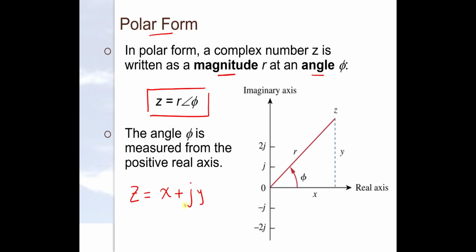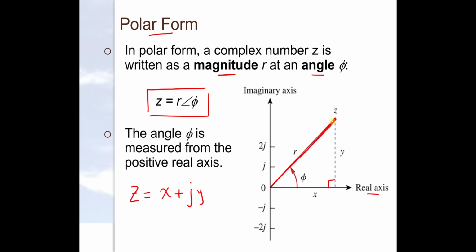Now, if I have this number z equal to x plus jy, how do we get the magnitude and phase? If you look at the graphical representation, we have x units on the x-axis, which is the real axis, and we have y units on the vertical axis, which is the imaginary axis. This makes a right triangle and we would like to get this length here, r.